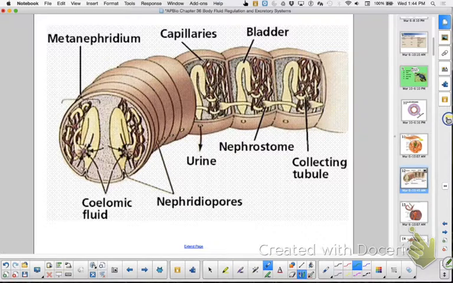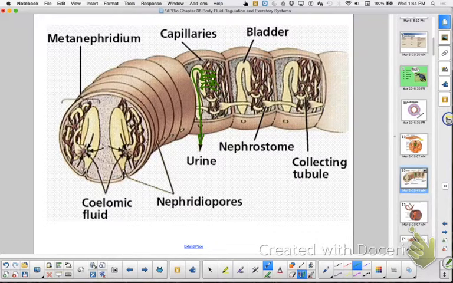Hopefully you can see some advantages to that, because any waste that you have can move into the excretory tubes, and items that you want to recover, possibly water, can go back into the circulatory system because they're traveling side by side. Whatever you don't want ends up going into the bladder and then out the nephridia pores.